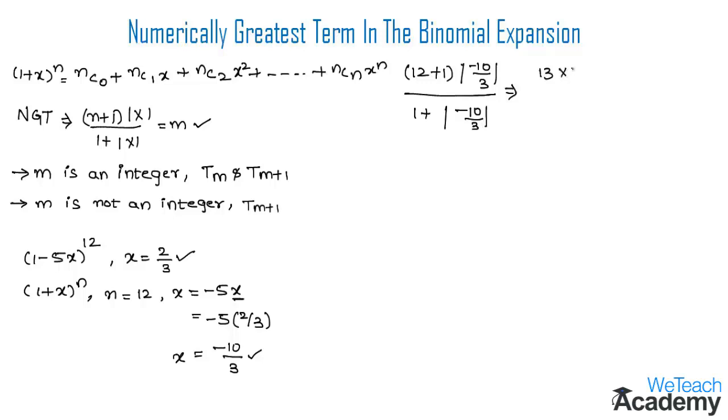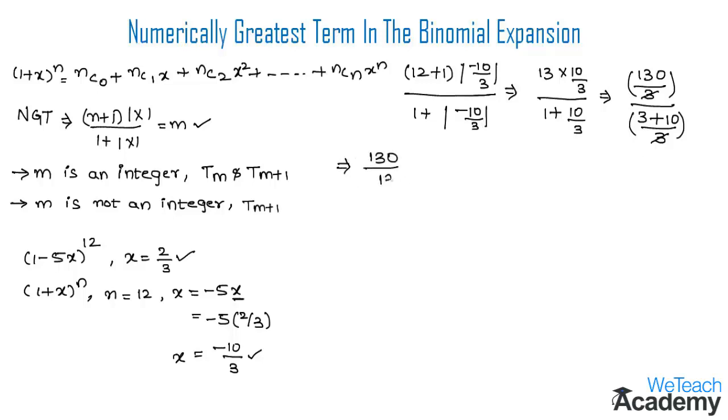So we get 13 into 10/3 divided by 1 + 10/3. By multiplying 13 and 10, we get 130/3 divided by, and in the denominator by taking LCM as 3, we get in the numerator (3 + 10)/3. So we can cancel 3 and 3 in the numerator and denominator. Then we get the remaining values as 130/13.